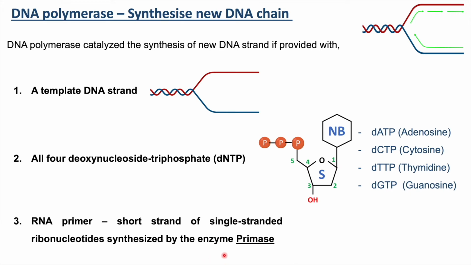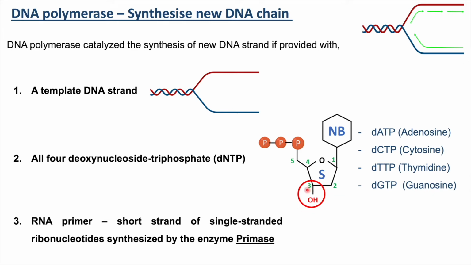It turns out that DNA polymerase cannot just start adding nucleoside triphosphates to synthesize a new DNA strand. It actually needs a free 3' hydroxyl group which is attached to the 3' position of the sugar molecule. If it does not have this, it cannot start synthesizing the new strand of DNA.